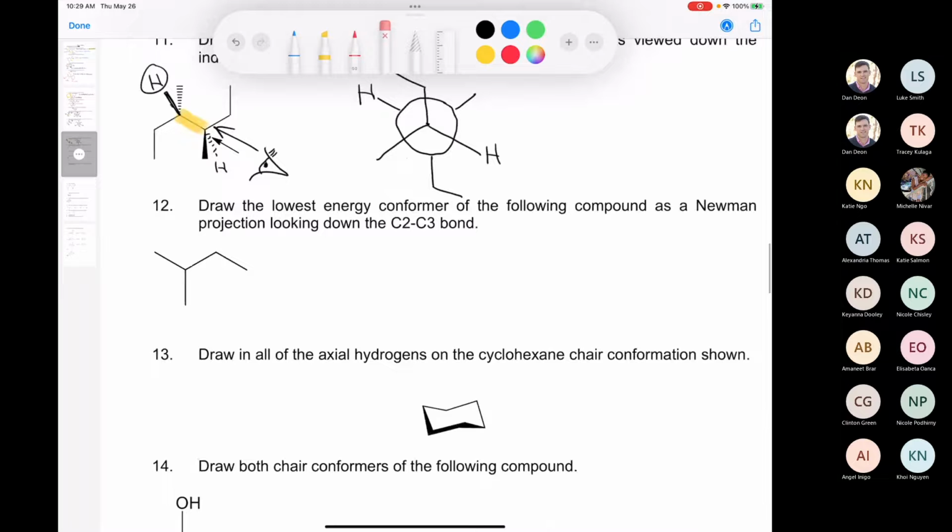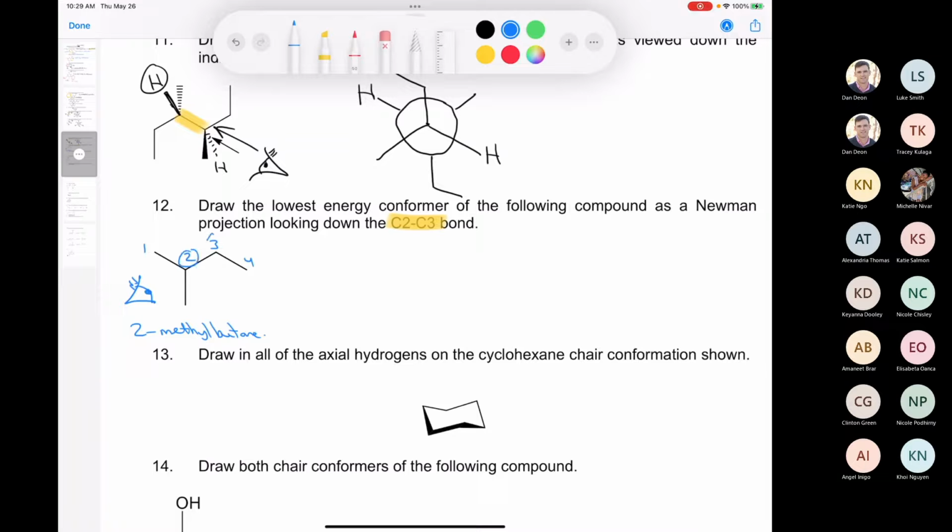It says here, draw the lowest energy conformer of the following compound as a Newman projection looking down the carbon 2, carbon 3 bond. So we number the carbons 1, 2, 3, 4. This compound is 2-methylbutane. And so we're going to be looking down this specific bond, right?